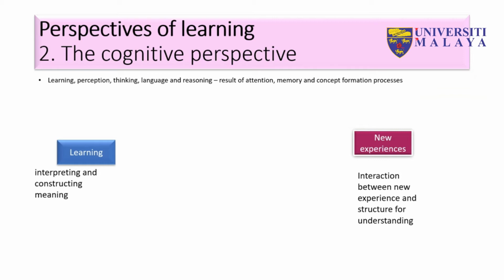But if I break it up, now, that was my first sentence, getting your attention, committing it to memory, getting concepts formed. I need to tell you step by step. Learning is interpreting and then constructing meaning. You are providing new experiences so that there is some kind of interaction with the new experience so that you can structure it for your understanding.